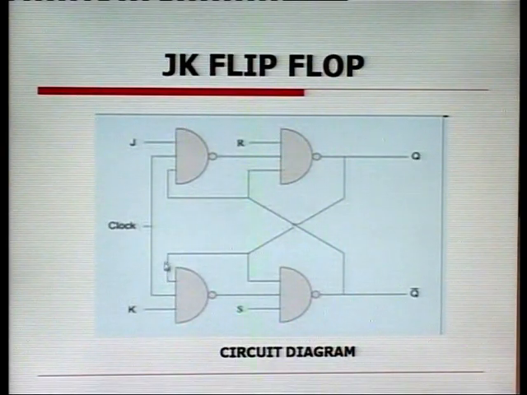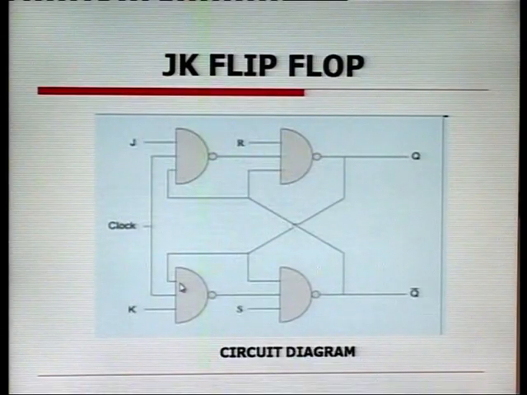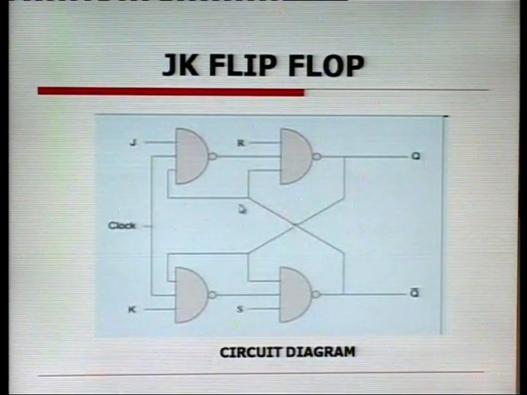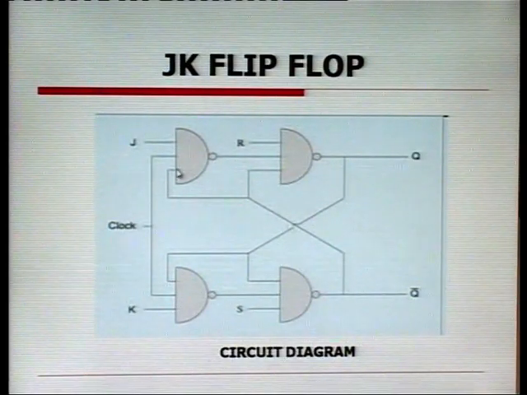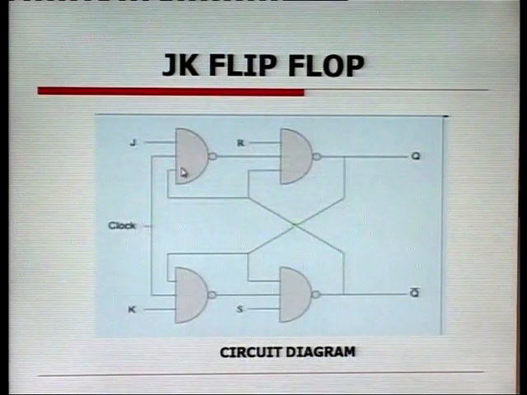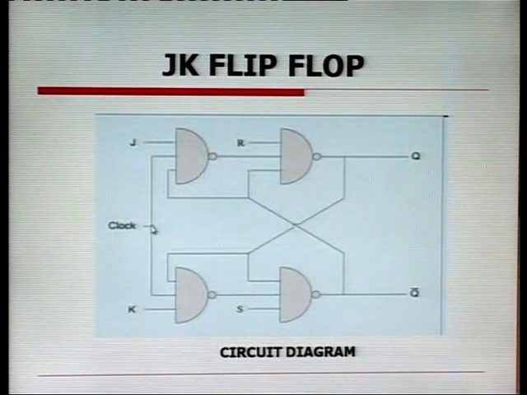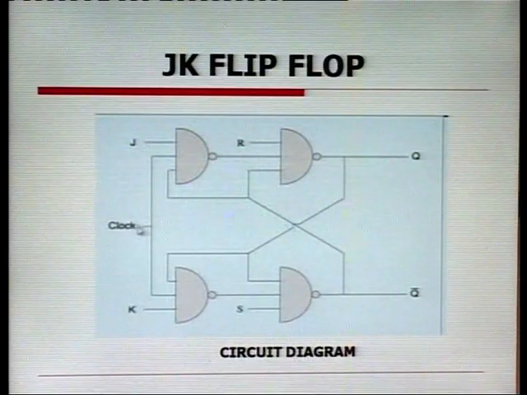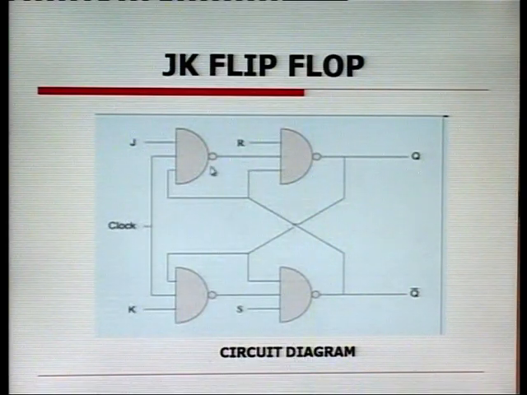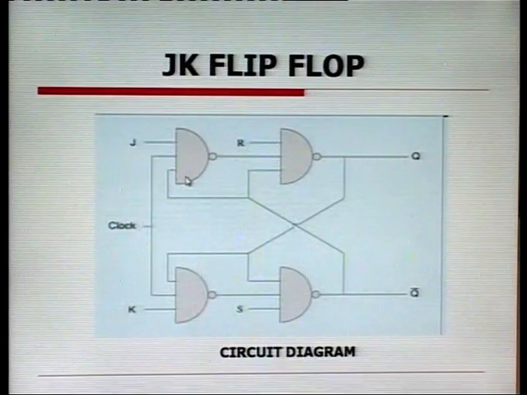The Q bar output of the RS flip flop is fed back to another additional gate, and two additional inputs are mentioned here, J and K. This is a clocked flip flop and we have a clock signal here. So, we will see how this circuit works now.